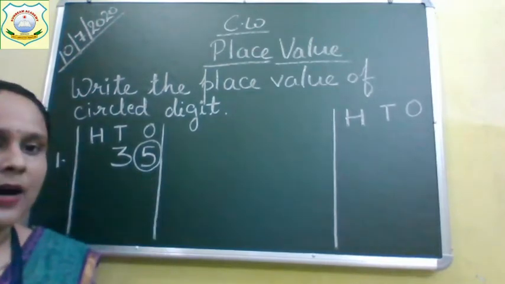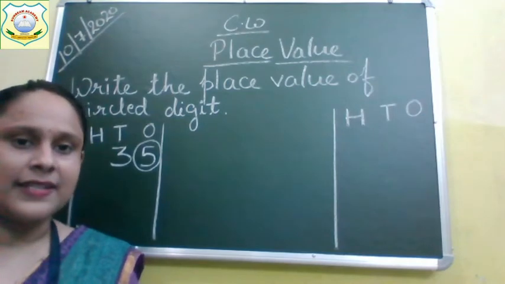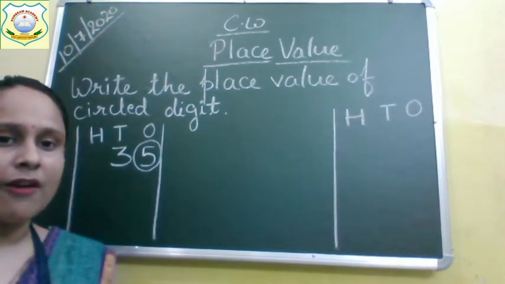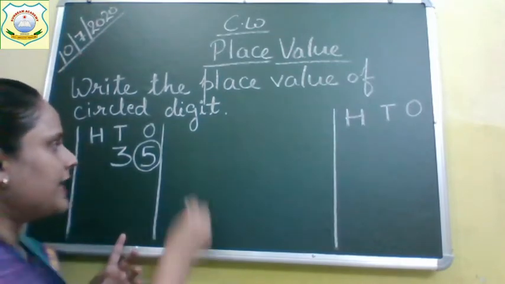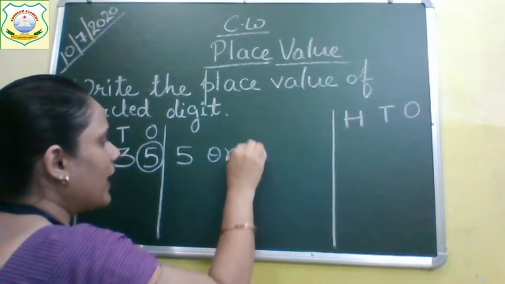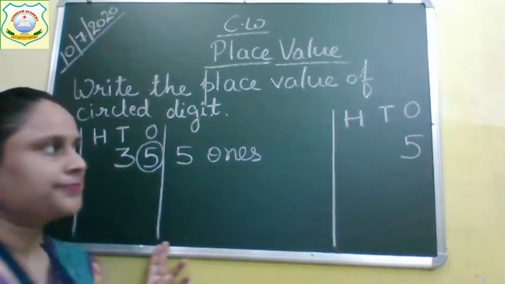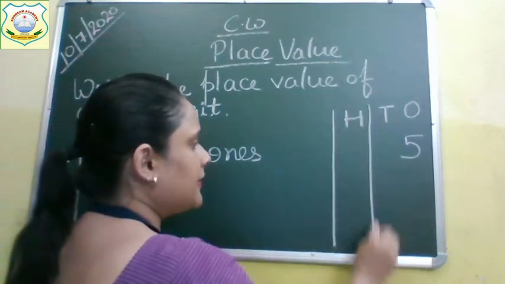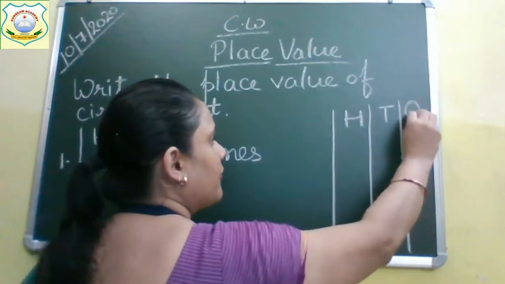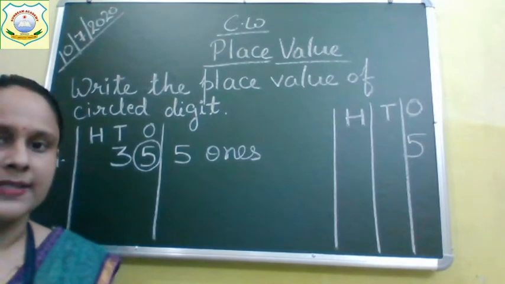Clear? Now, 5 is written in which place? 5 is written in ones place. So, what is the place value of 5? Yes, place value of 5 is 5 ones, or we can write 5. Okay?